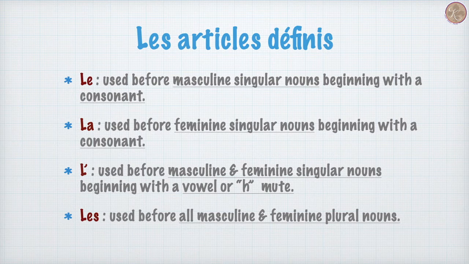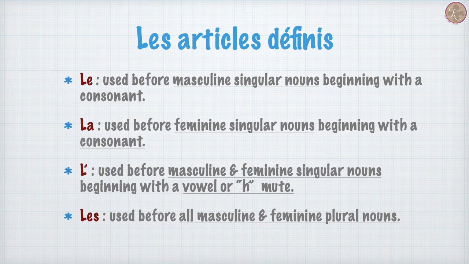Now, what happens if the spelling of the noun begins with a vowel or a H mute? So we're going to see in a few seconds what is this H mute all about. So for now, if the spelling of the noun begins with a vowel or H mute, then instead of using le or la, you have to use l'apostrophe.